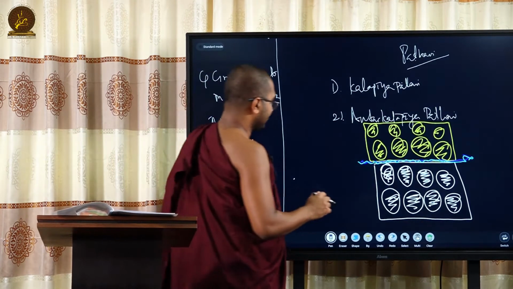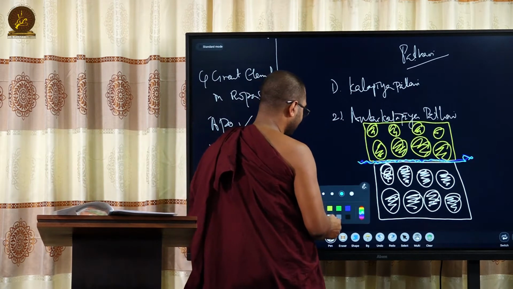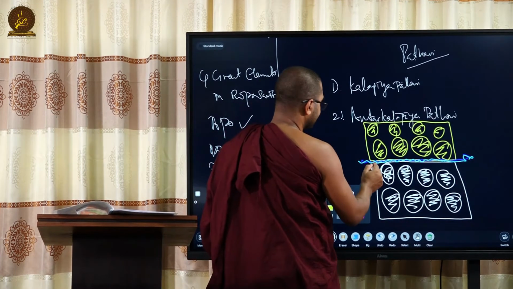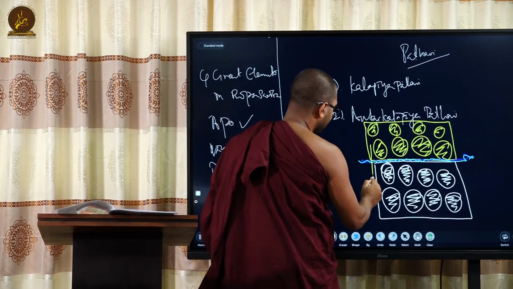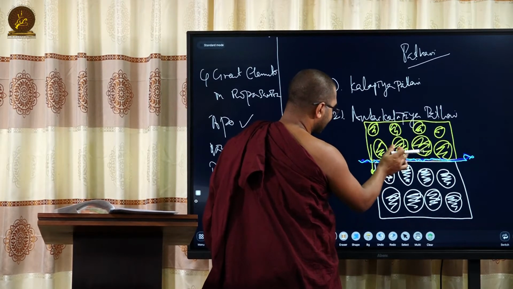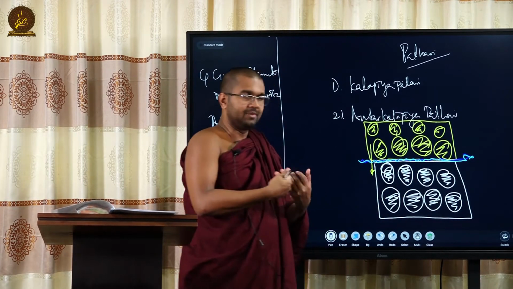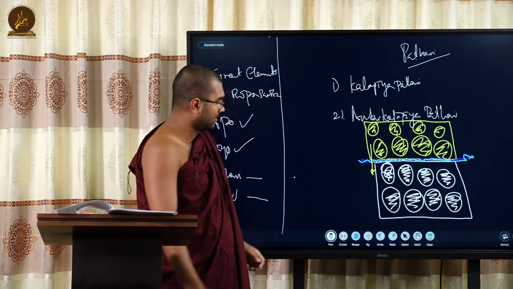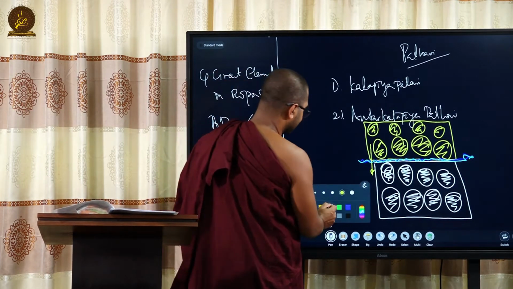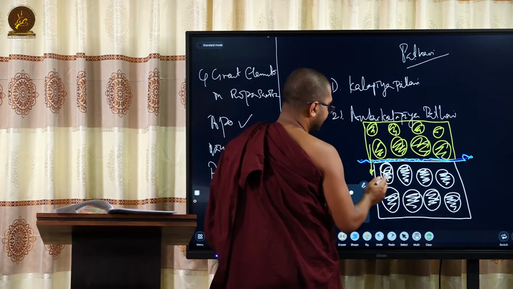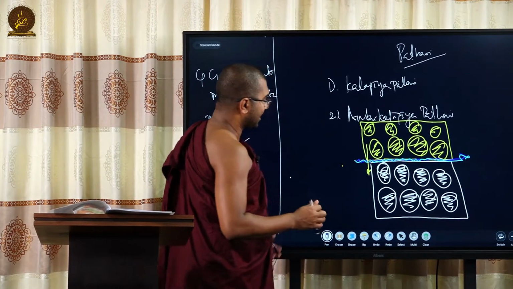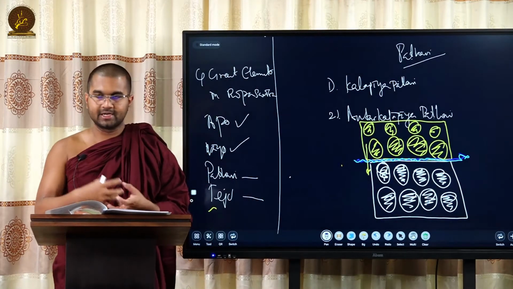Then the question comes, why doesn't this kalapa move into this space? Why can't they just get fully packed with each other? The reason is there is a certain kind of resistance in each, like a kalapa doesn't allow another kalapa to enter its territory.